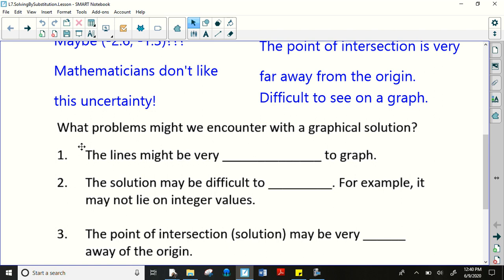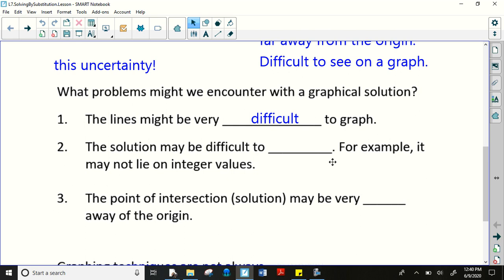So when we're working with these types of situations, you could have lines that are very difficult to graph. They're tough. You don't want to graph them. Numbers are too big or awkward. When you're trying to find that actual solution or your point of intersection, it might be difficult to see.